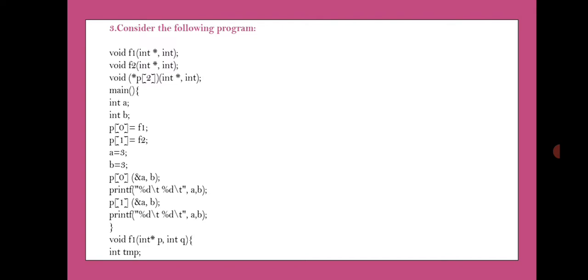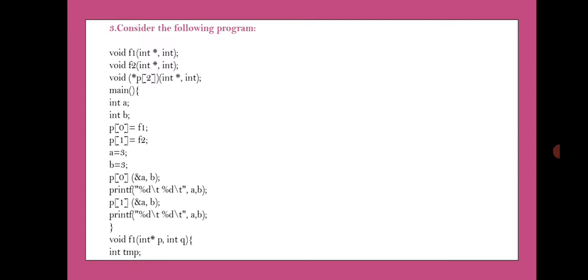So p of 0 is associated with f1 and p of 1 is associated with f2. They contain the address of the function; a function name without parentheses represents the address of the function. The value and address of the variable are passed to the function.